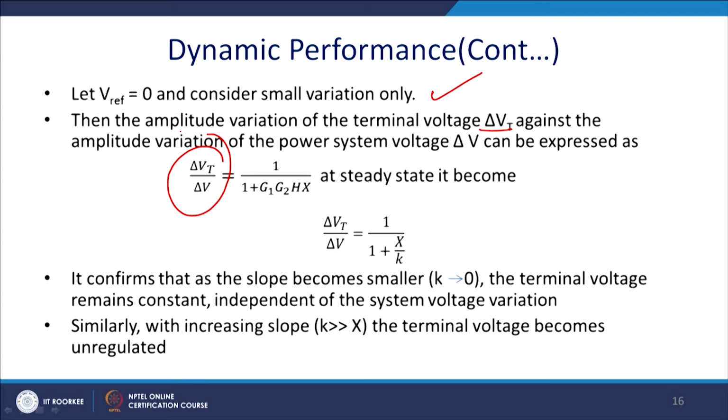At steady state, this becomes just 1/(1 + x/k). This confirms that the slope becomes smaller if k becomes large. The terminal voltage remains constant independent of the system variation. Similarly, with the increasing k slope, the terminal voltage becomes unregulated. So, we require to keep this dynamic performance in mind.